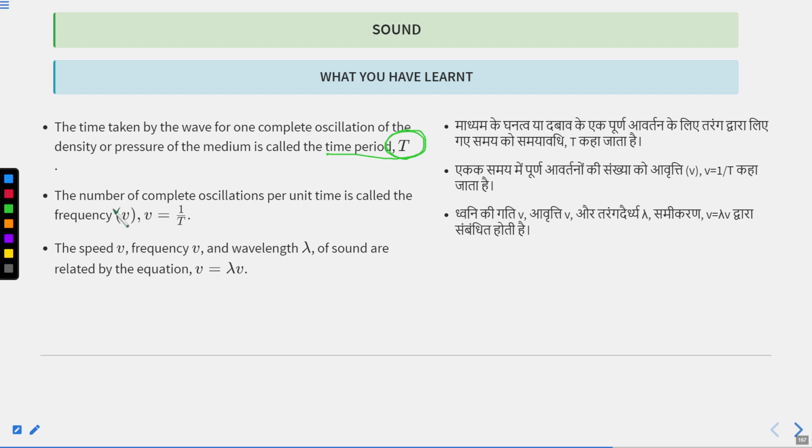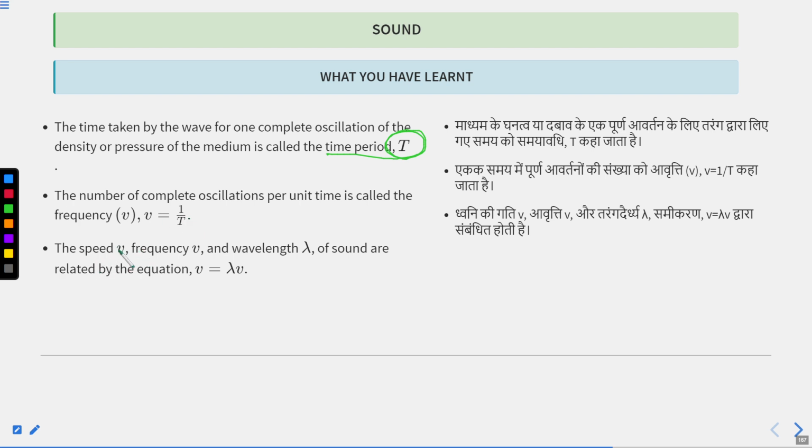The number of complete oscillations per unit time is known as frequency, and frequency is inversely proportional to time period.